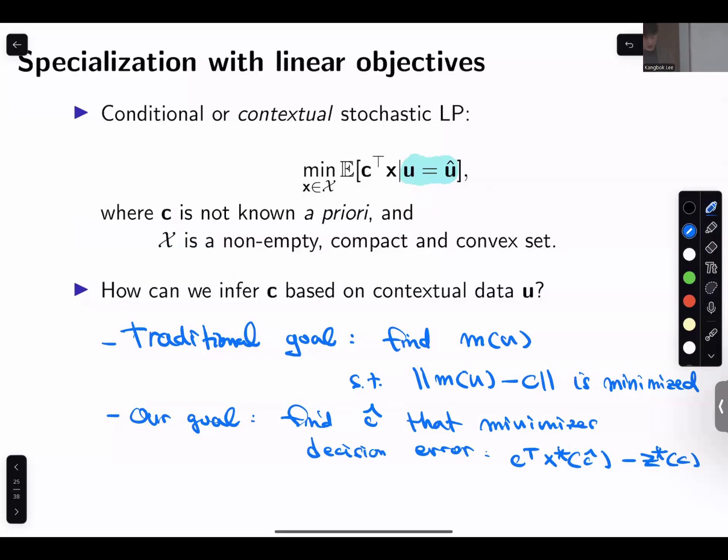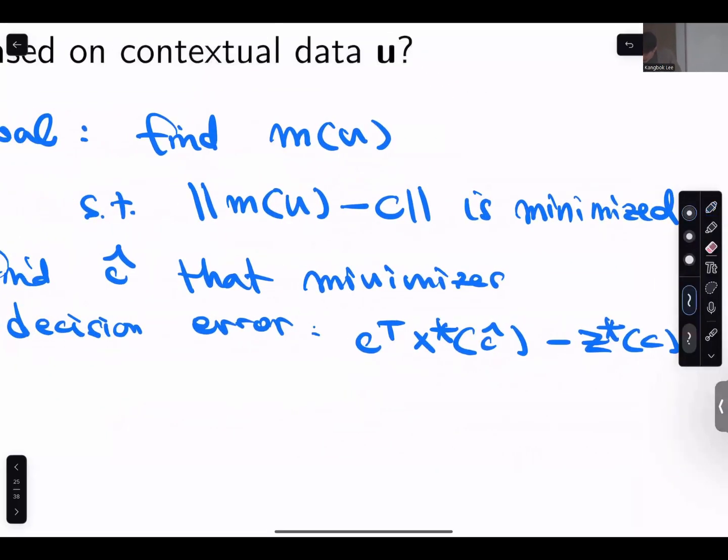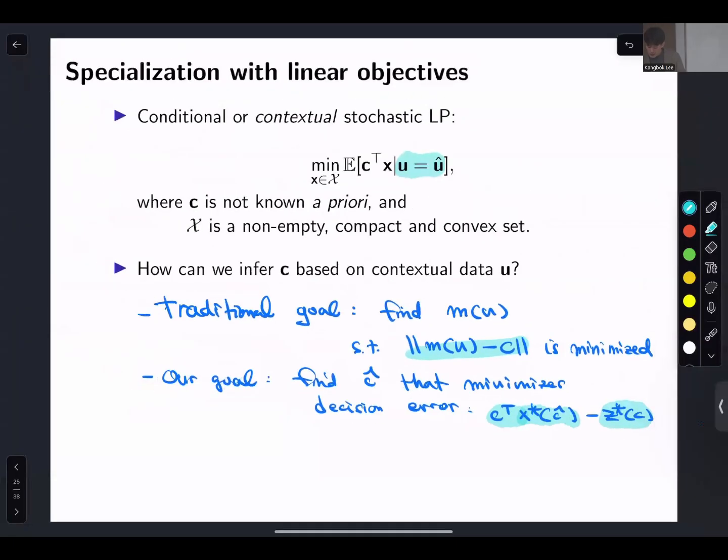And by decision error, what I mean is this: the gap or difference in the objective function values when you use the X that is achieved by C hat, your estimator, and you assess the objective function using the true C vector. There's going to be the true optimal objective value based off of the true C vector. And ultimately, our goal is to minimize that gap instead of this traditional prediction error. That's it. That's the goal.